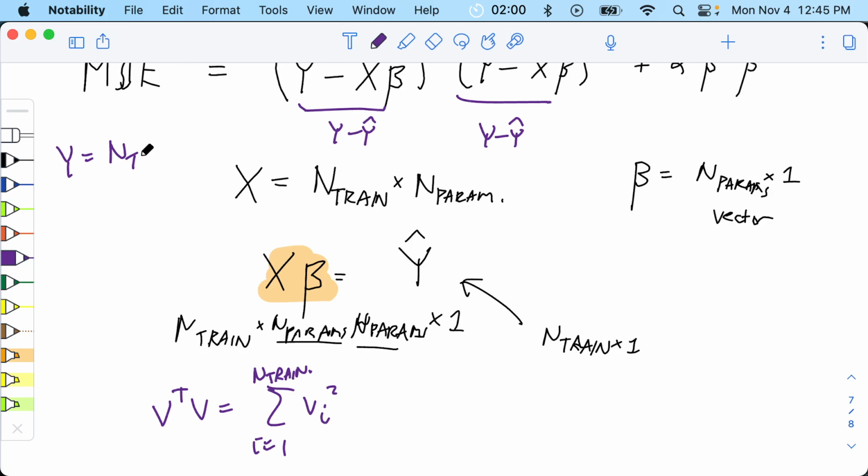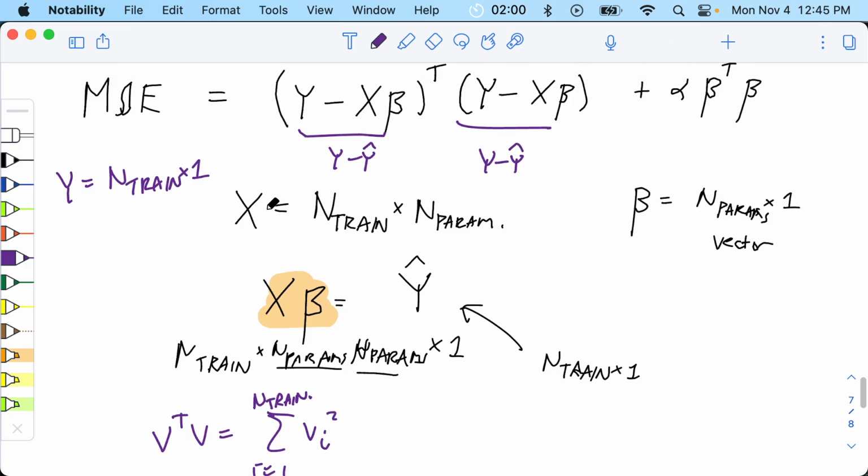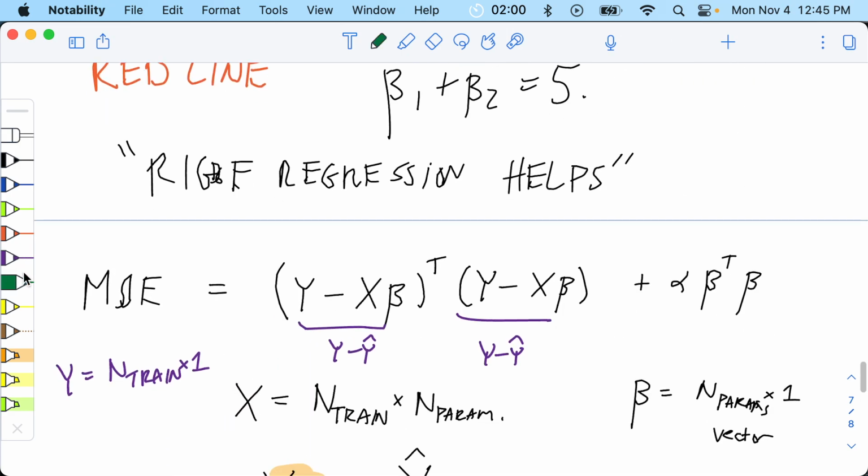Y is n train by 1, a vector. That's the formula. And last but not least, over here, I have exactly the sum of the beta_i squared. So that's exactly the formula. I wrote the thing in terms of vectors. You guys with me so far? Any questions or comments about the vectors? If you like linear algebra class, this is how you'd write it.